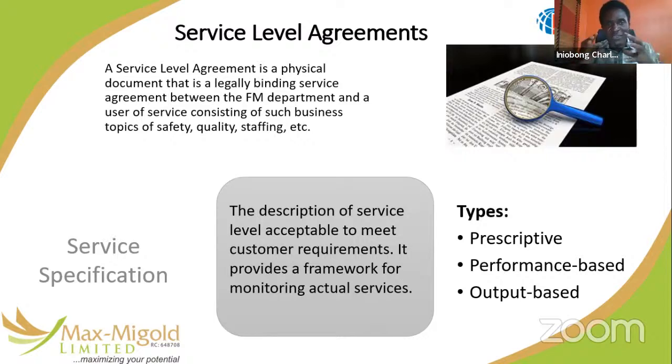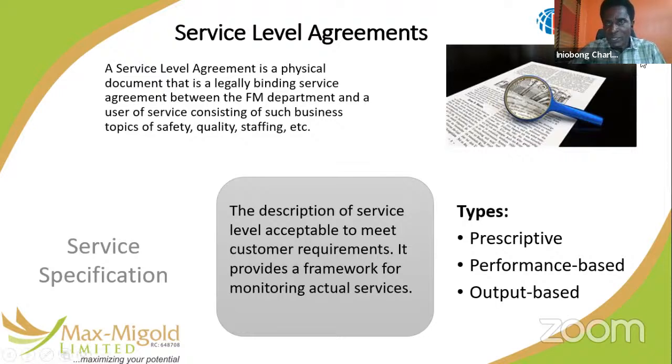So everything is in it. Sometimes it's a standalone document, sometimes it's part of the contract, but it is always something that both the demand organization and the FM organization must agree to and sign off, right?